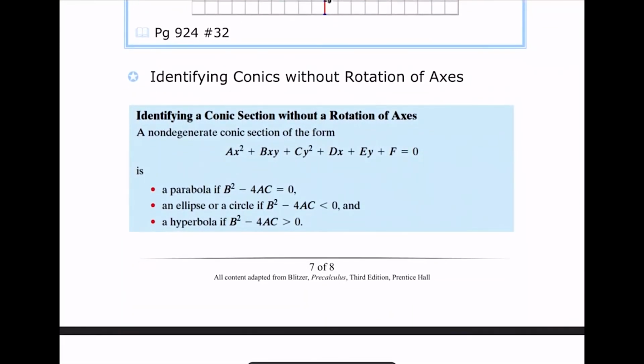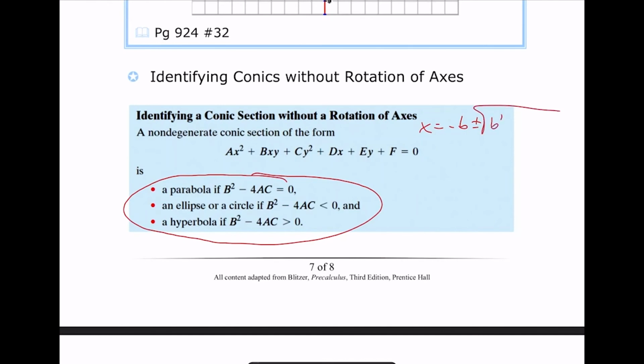This page is telling us that you can identify a conic section without a rotation of axes using these sorts of comparisons. So we're going to look at this b squared minus 4ac value, which is kind of interesting because isn't that the quadratic formula?